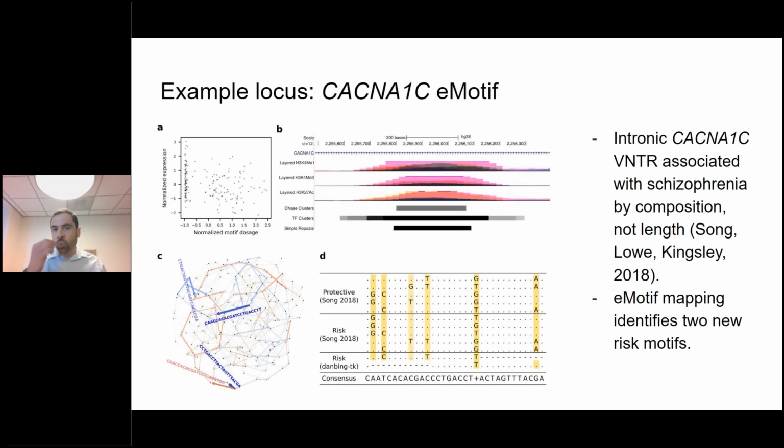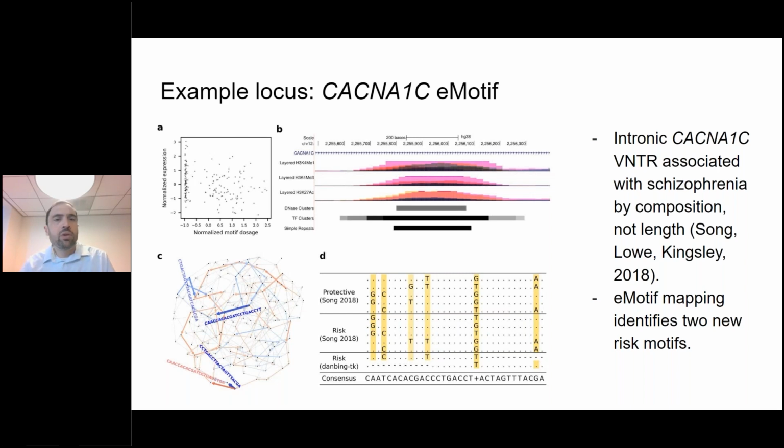And one interesting example, like we mentioned before, is this CACNA1C VNTR, a VNTR that is intronic to CACNA1C. It was found a few years ago by Stanford researchers in David Kingsley's lab that the VNTR is associated with schizophrenia not by length, but by its composition.